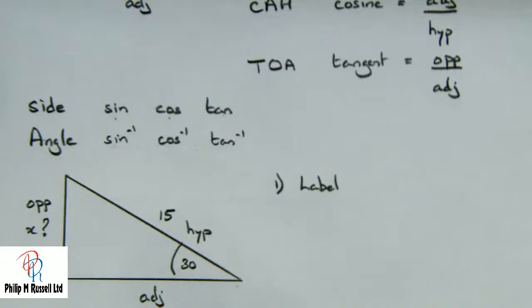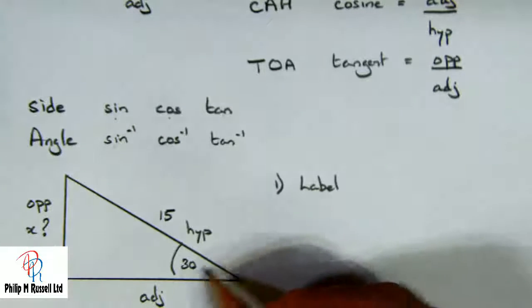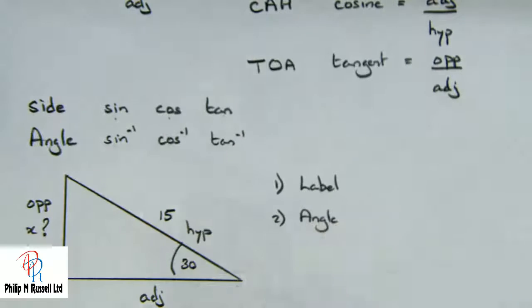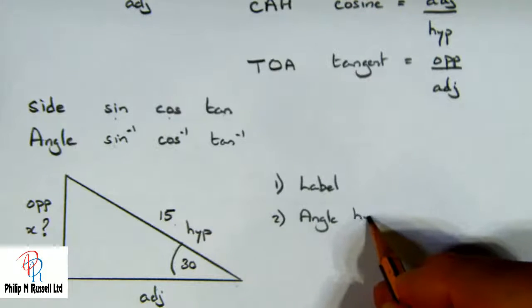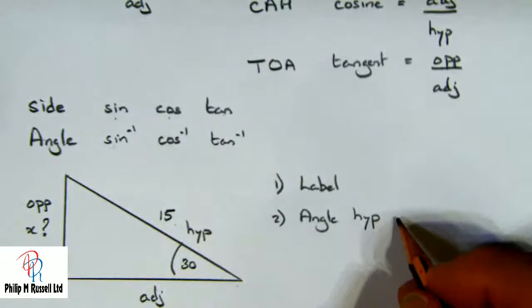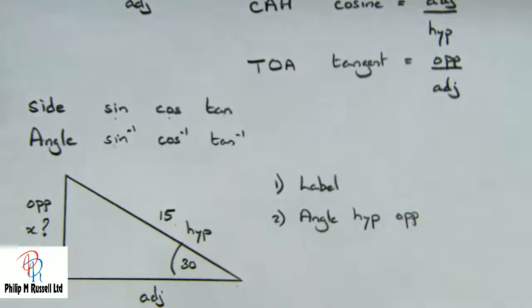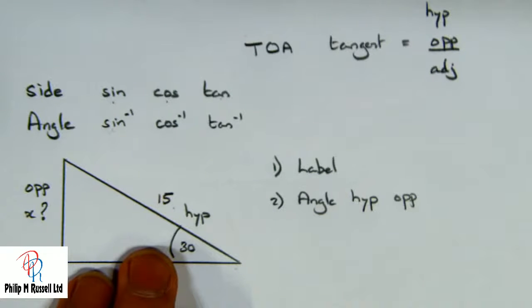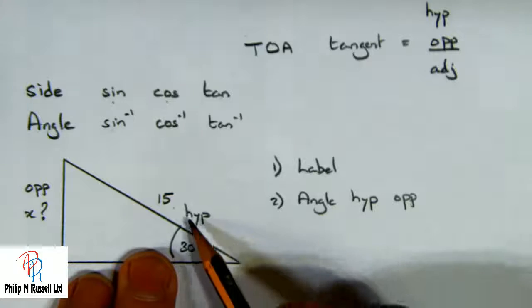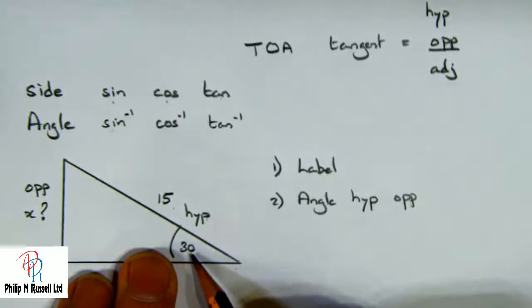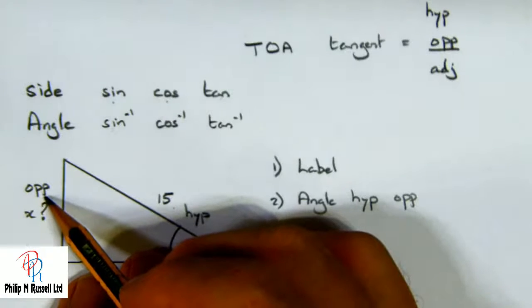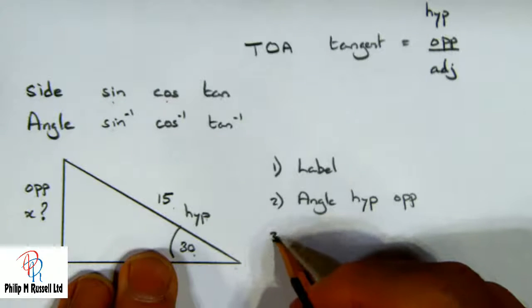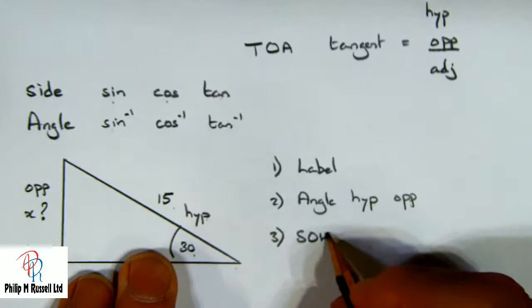Well, let's see what we want. We've got an angle, I've got the hypotenuse, and I want to find the opposite. So I don't want the adjacent. So in fact I can put my finger over there and cover that up and see that yes, I've got the hypotenuse, I've got an angle, and I've got to find this side. So let's look at our writing down of our SOHCAHTOA.